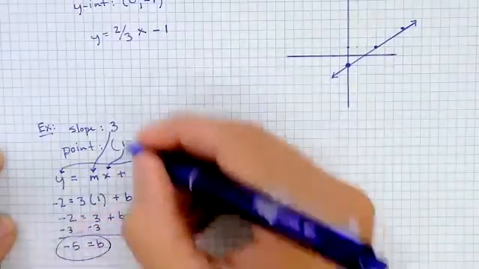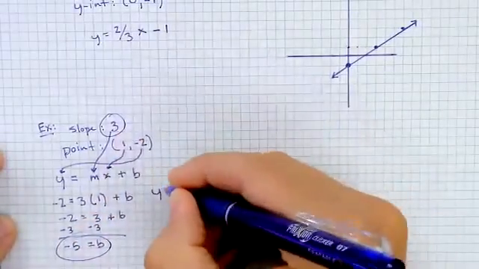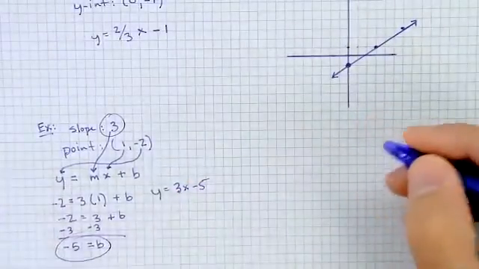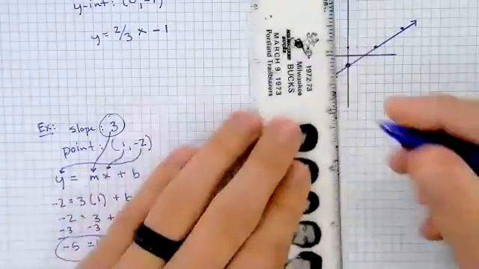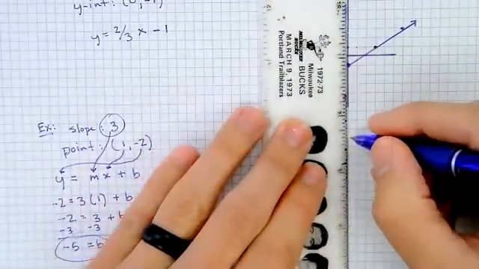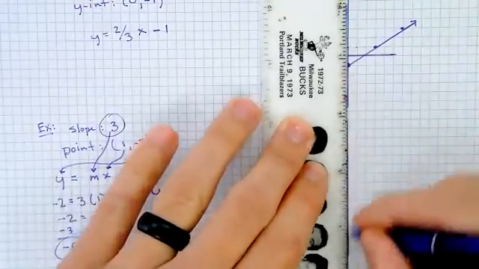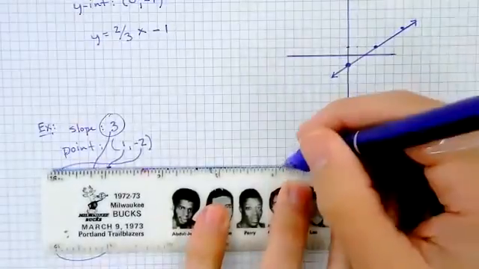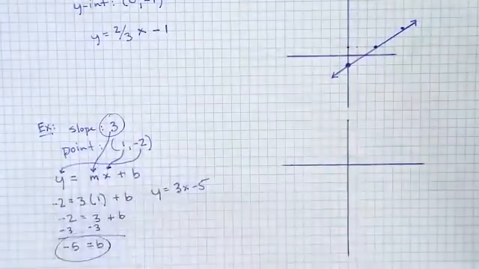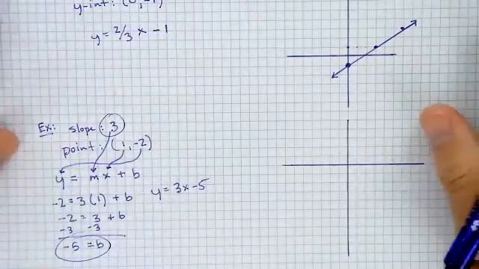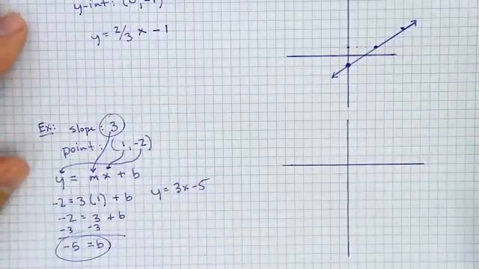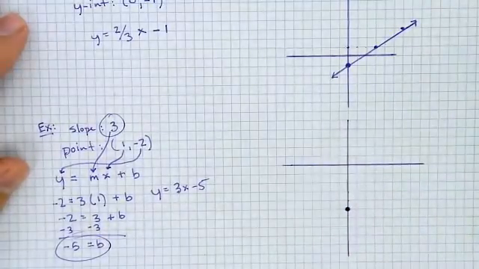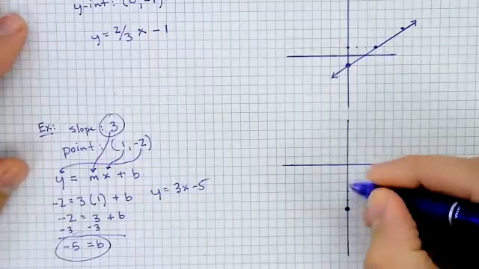So now we have our b value and we have our slope, so we can write our equation, y equals 3x minus 5. -5 is our y-intercept, with a slope of +3.